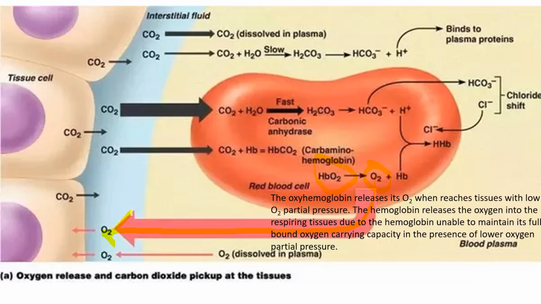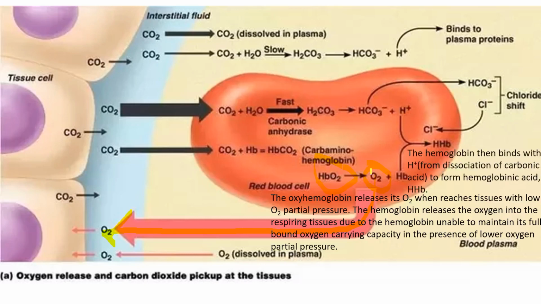So in active respiring tissue, the partial pressure of oxygen is very low, but the partial pressure of carbon dioxide in this active respiring tissue, in contrast, is quite high.